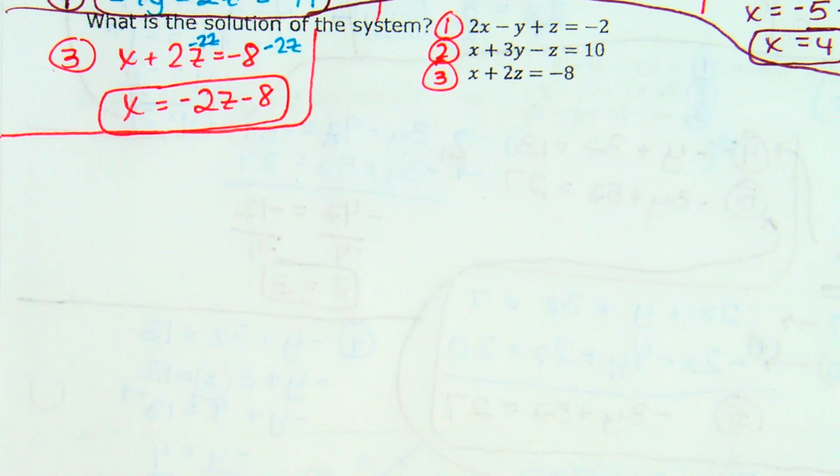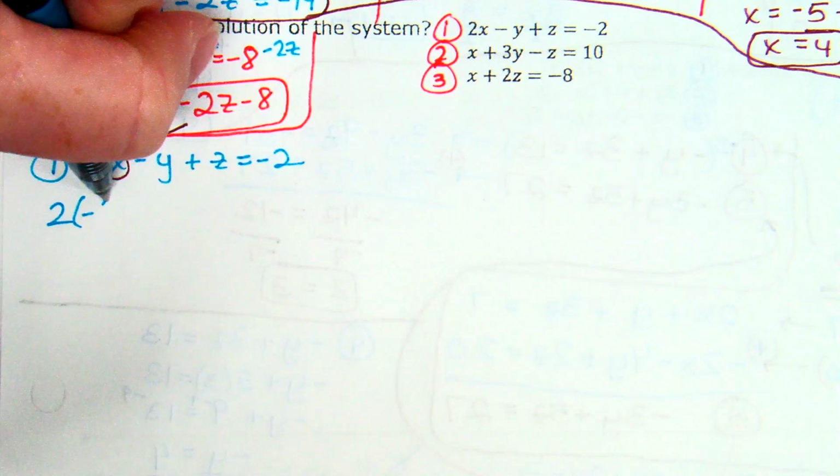Plug it in, yes? So equation 1 is 2x minus y plus z equals negative 2. Every place I see an x, we're going to plug in 2 times x, which is negative 2z minus 8.